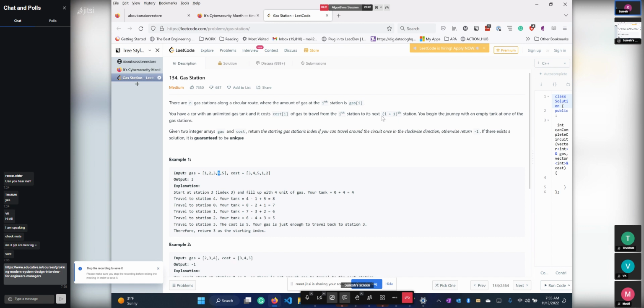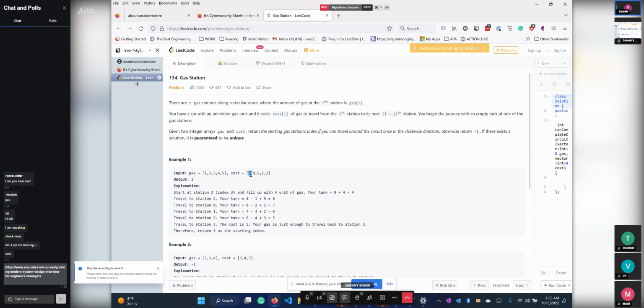If you want to travel from the ith location to the i+1, the cost is cost[i], meaning how many gallons it takes. If you look here, the cost is 3 4 5 1 2.